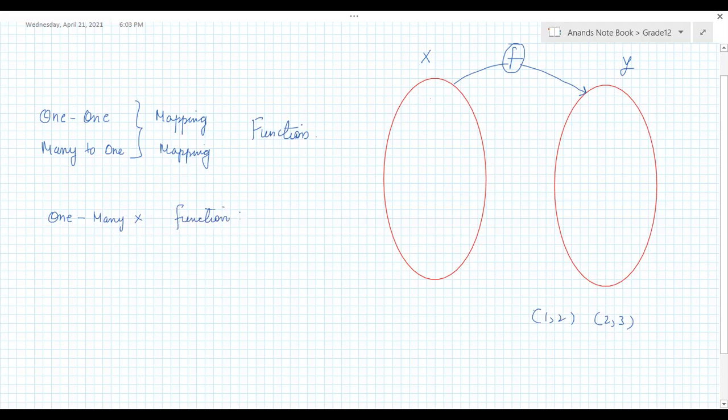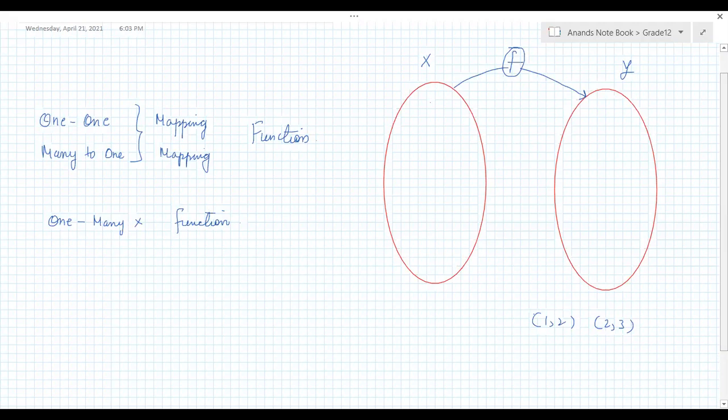Yes, sir. Okay. Then we are talking about the inverse of a function. Inverse of a function means we want to find this fellow g, if he exists, such that if you take the y and put it into g, he is going to give you the corresponding x.